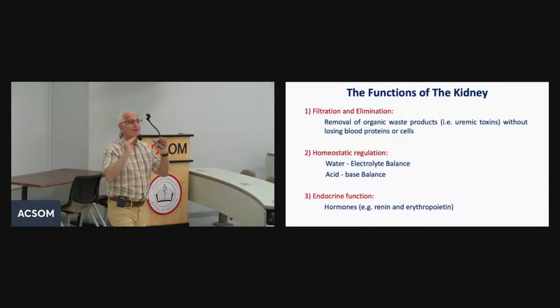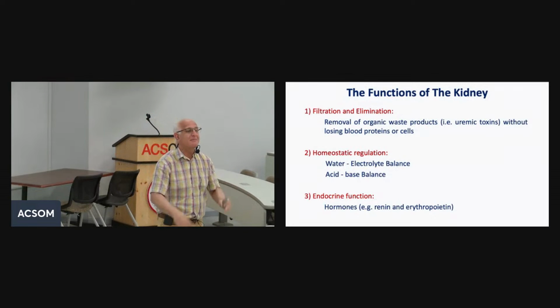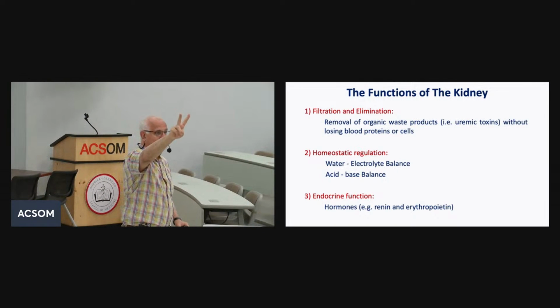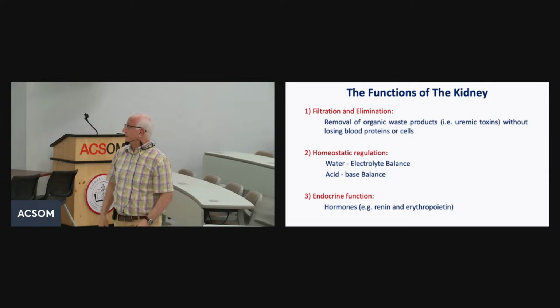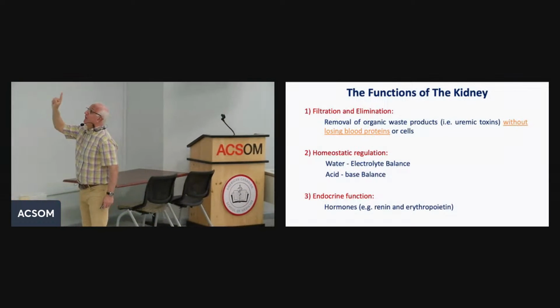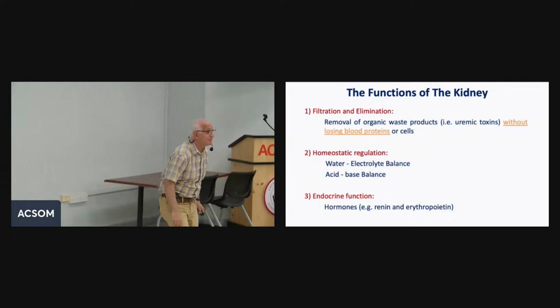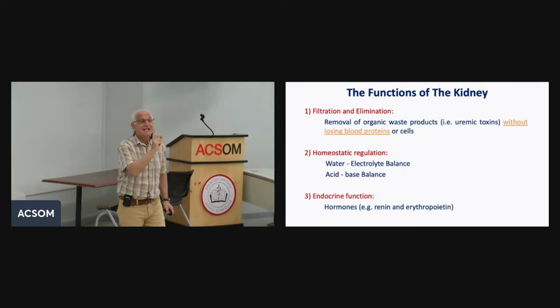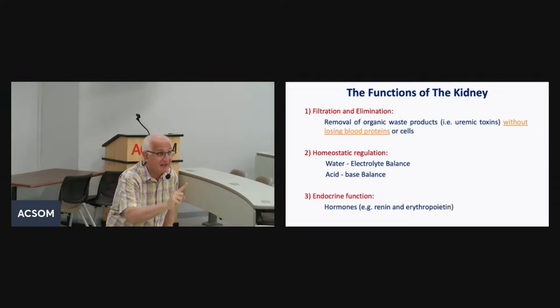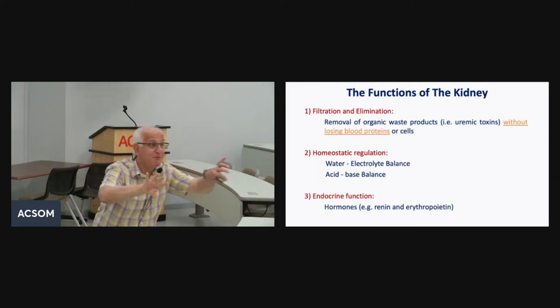For now, you know very well two of our uremic toxins: one, creatinine; second, urea or BUN. Okay, perfect. But this is not it. I had mentioned without losing blood proteins. That's important. It's not just enough for me that you filter well. You should filter parts, but keep the other side.